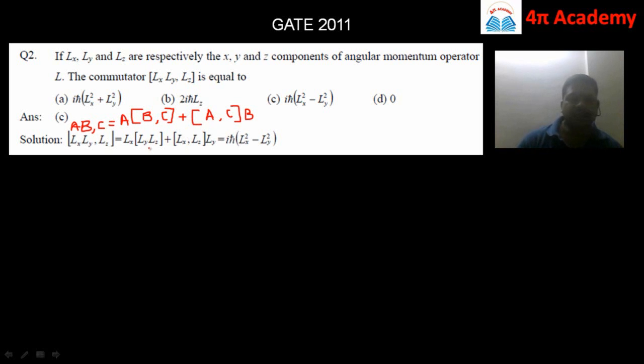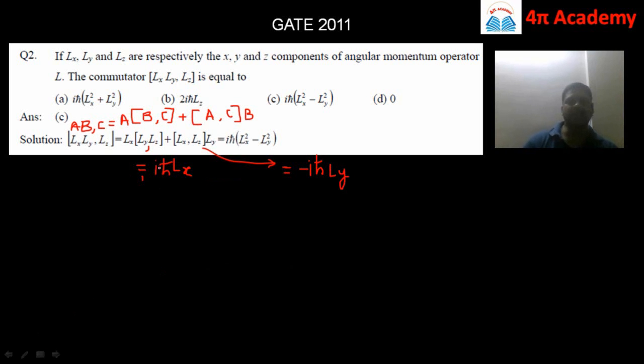Now we know that the commutator bracket for Ly Lz is equal to IH cross Lx, while this bracket, that is commutator bracket of Lx Lz, is equal to minus IH cross Ly. So if you remember the properties which we have discussed in previous lecture, that is equal to minus IH cross Ly.